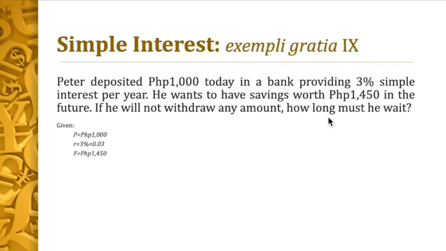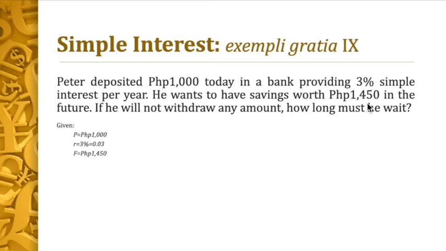The first money that we can see, Peter deposited 1,000 pesos, so that's the P, the amount originally deposited, and the bank provides 3% simple interest. So that's your R, 3%, converted to decimal, 0.03. And he wants to have savings, meaning he wants his bank account to have 1,450 pesos in the future.